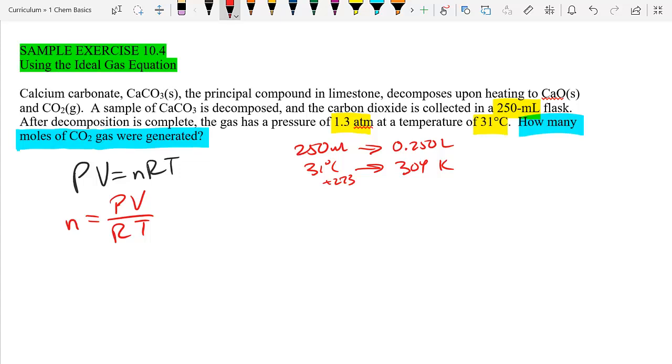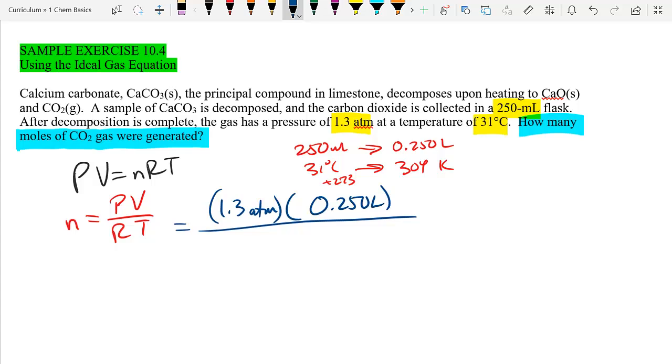Now, plugging in values and doing the math, we're going to see that our pressure value, 1.3 atmospheres, multiplied by the volume that we have here, this was a 0.250 liter flask, divided by our ideal gas constant, 0.08206 liters times atmospheres over moles times kelvins, and multiplied by our temperature, 304 kelvins.